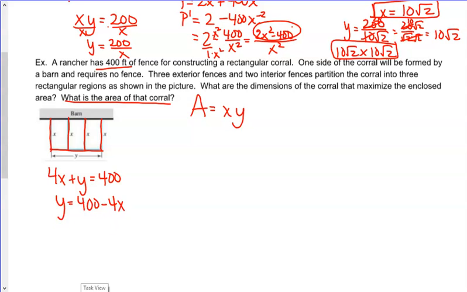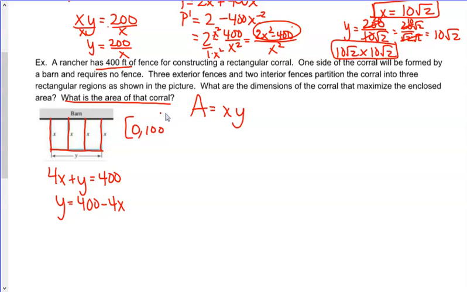Now, to find our interval of interest, it's kind of nice when we're dealing with perimeter stuff, because what we can actually do is just figure out what makes this equal to 0. Because if I start where x is nothing and I have all of y, then what is the max that y could be? Well, if I set this equal to 0 to find out what the y is, you can add over 4x and divide by 4.